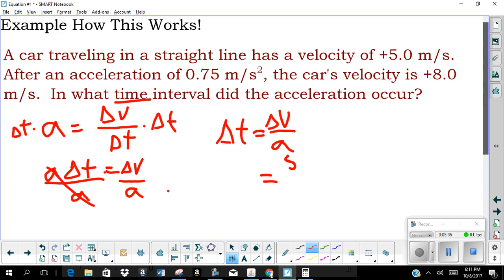Now it's just time to fill in my variables. I have final velocity, 8.0, minus initial velocity, 5.0, all divided by the acceleration of 0.75.